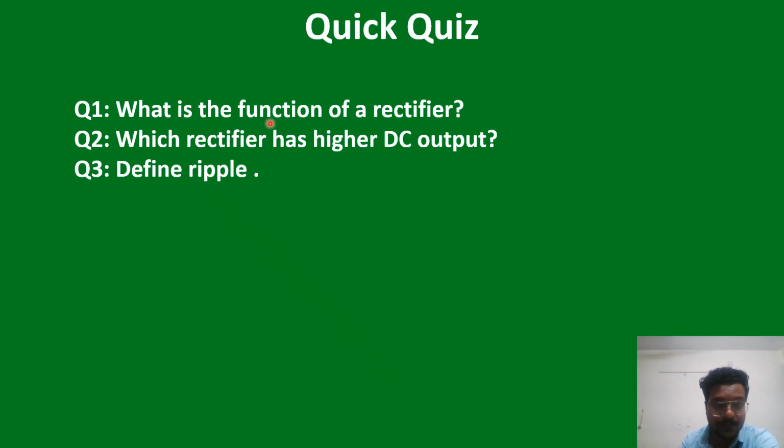For a quick quiz, what is the function of a rectifier? Basically, what a rectifier is doing is converting AC current into DC current. Which rectifier has higher DC voltage?